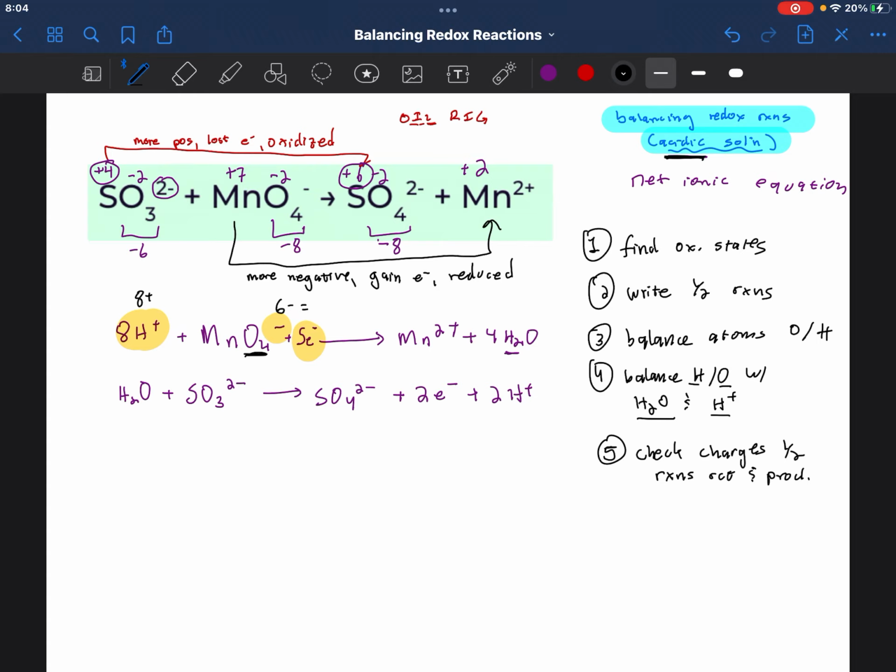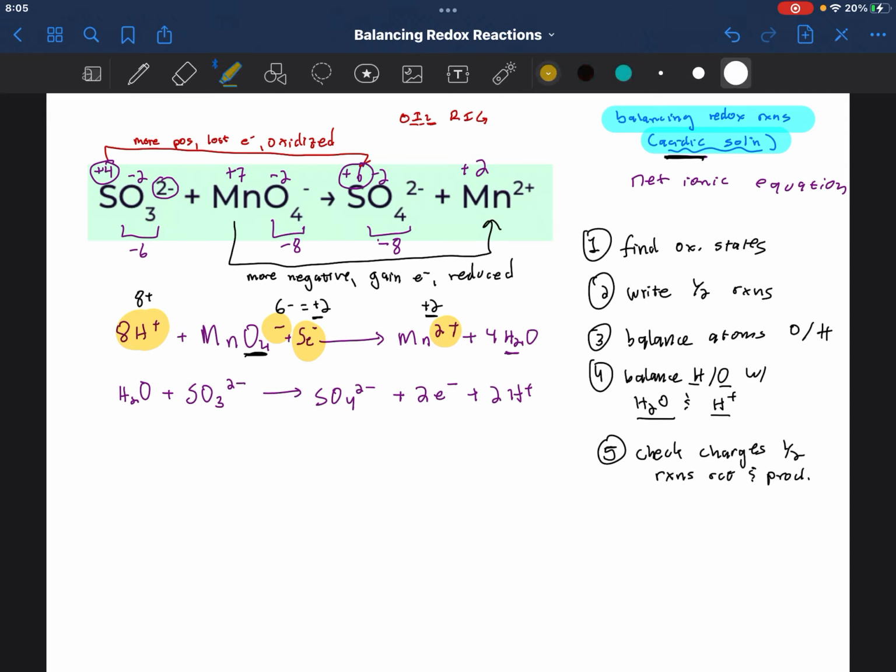So my total charge on the left here is +2, 8 minus 6. Similarly, on the right, the charge that I have is +2. I'm balanced in terms of charges.